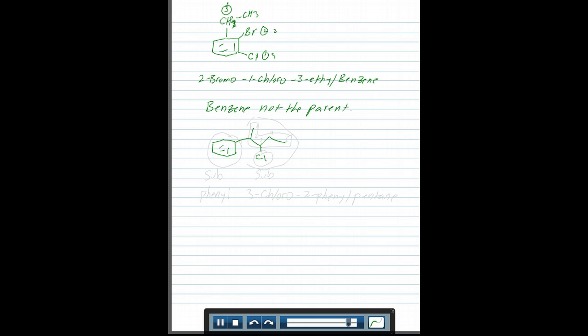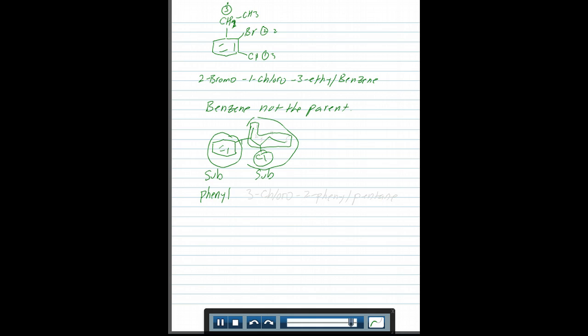Notice this is my longest continuous chain now, excluding the aromatic ring. This is not a simple group to name, so this is now my parent chain. My parent chain is this 1, 2, 3, 4, 5 carbon straight chain, and the aromatic ring now is a substituent, and the chlorine is a substituent. When an aromatic ring is a substituent, it's called a phenyl group, or phenyl ring.